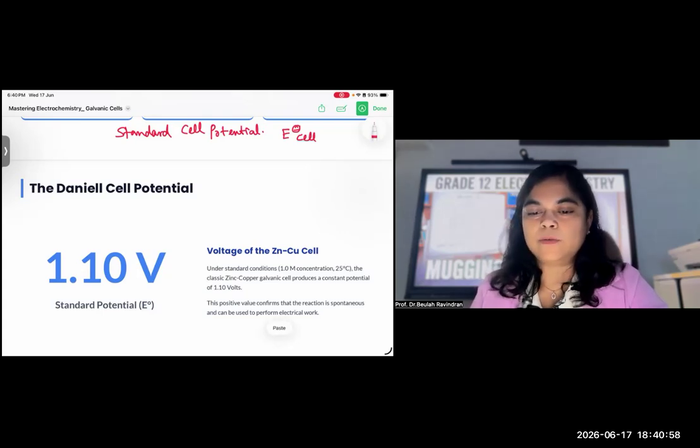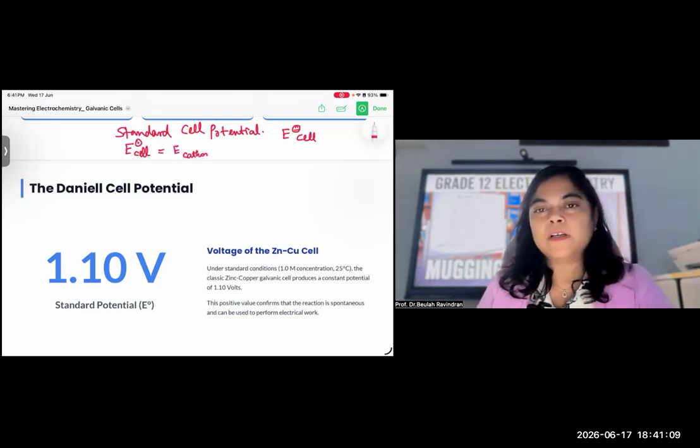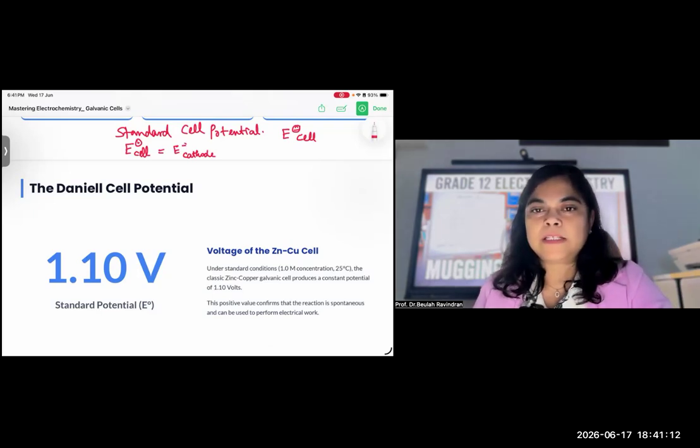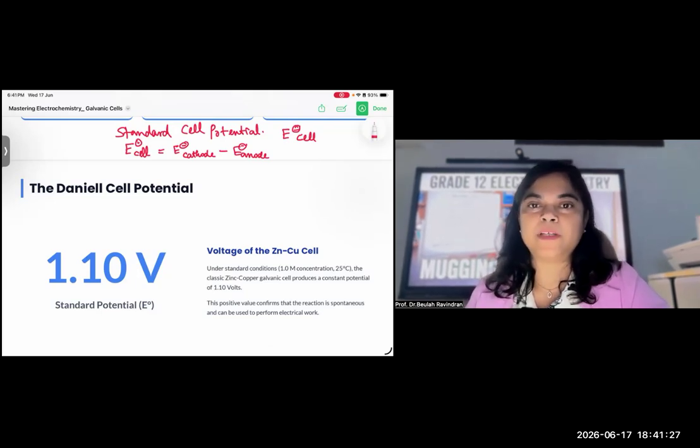The formula: E cell, the standard cell potential, is equal to E cathode minus E anode. Both values must be written as standard electrode potentials.